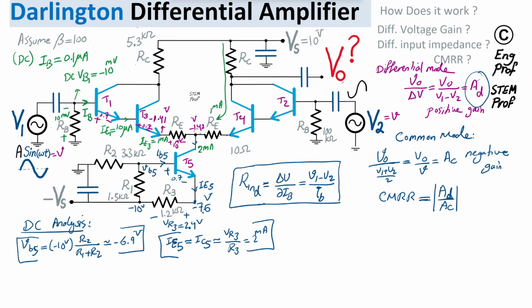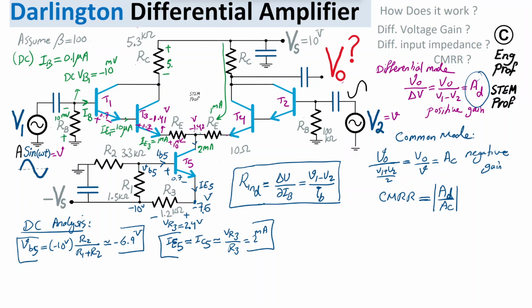Okay, we found the voltages, and the last step is just finding the voltage drop across RC DC wise. So 1 milliamp DC is going through it. It's 5.3K, so that means we have a DC voltage drop of 5.3 volt across this.